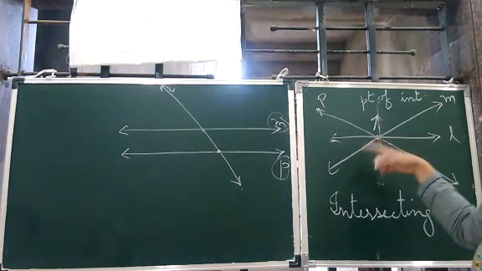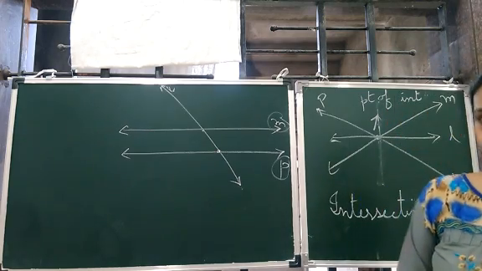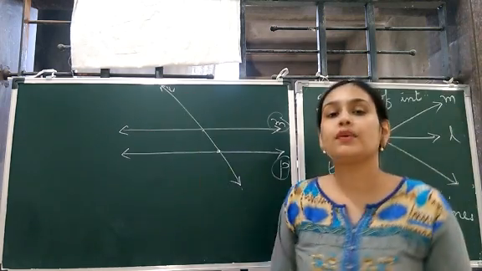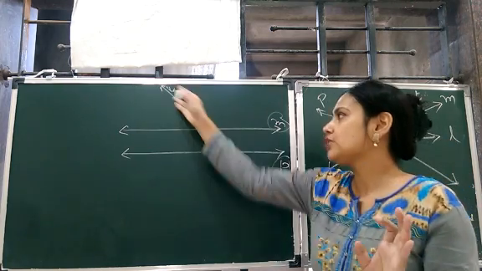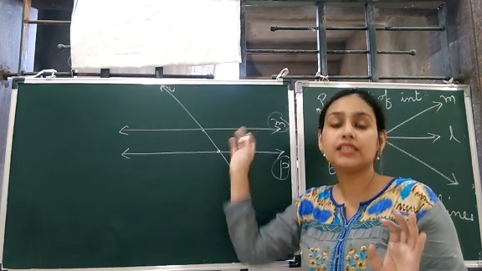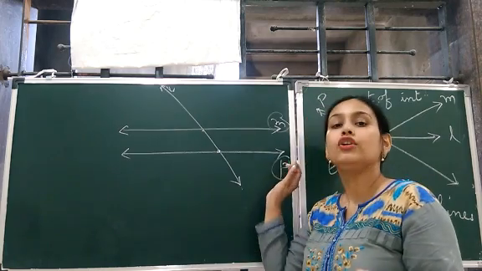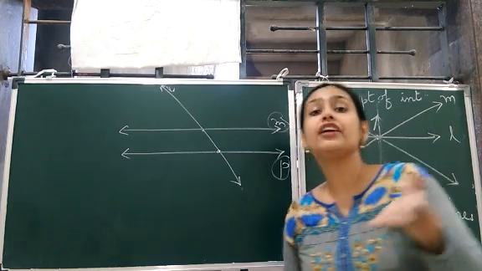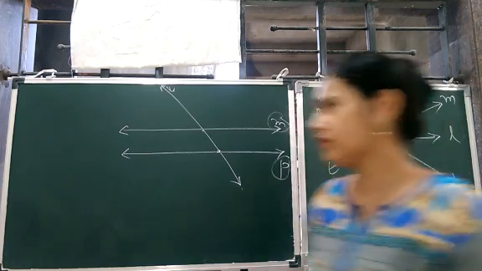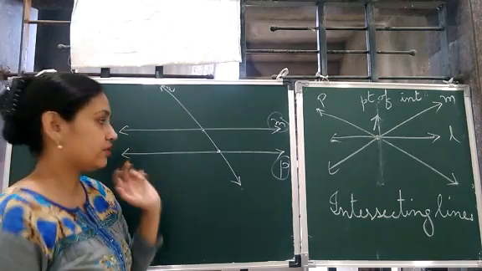Because it is not intersecting the lines at two distinct points. So for a line to be a transversal, it has to intersect two or more lines at distinct, different points. This is a transversal line.